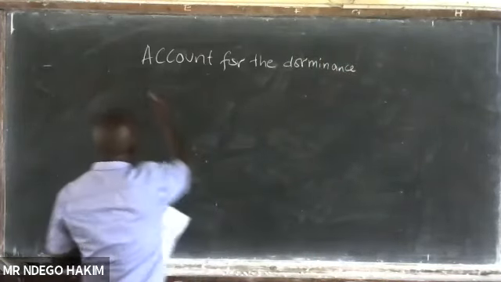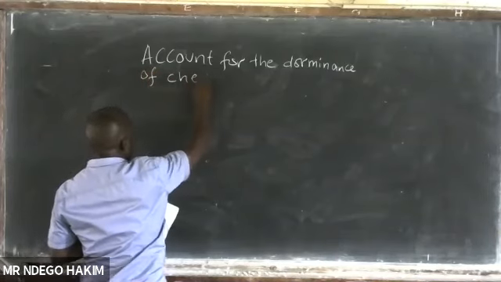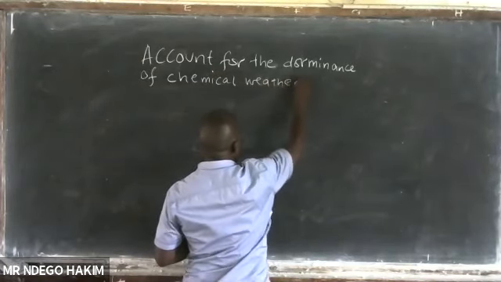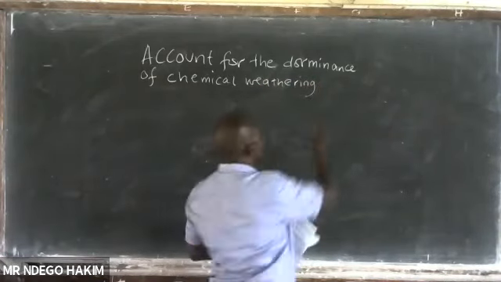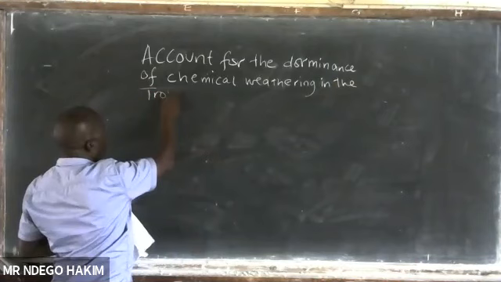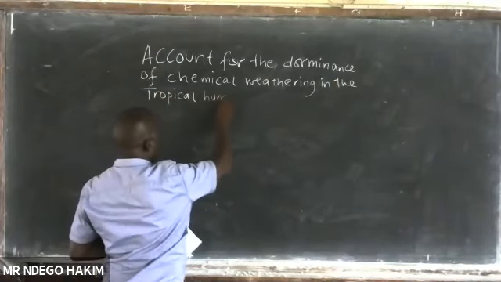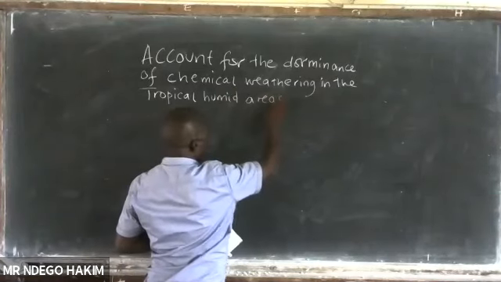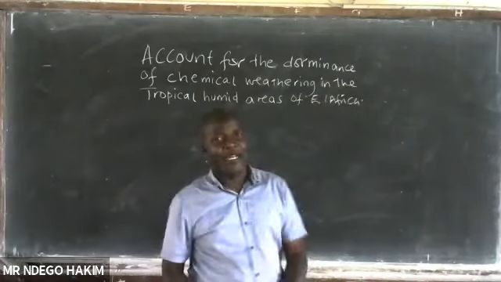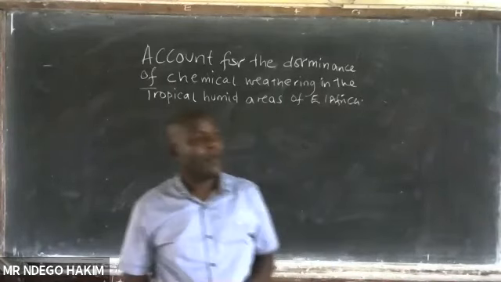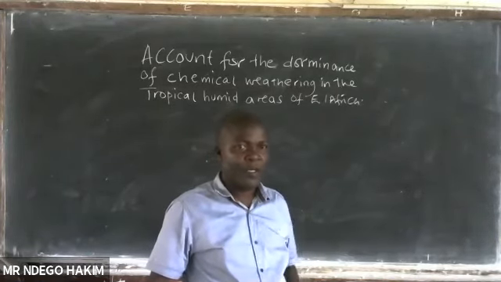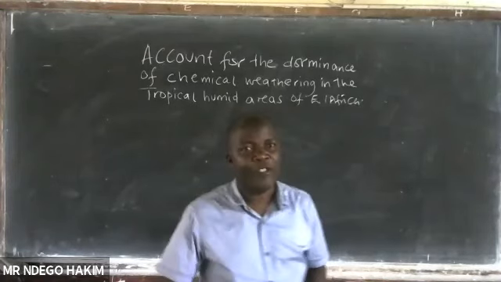Account for the dominance of chemical weathering in the tropical humid areas of East Africa. Full stop. That's the question.